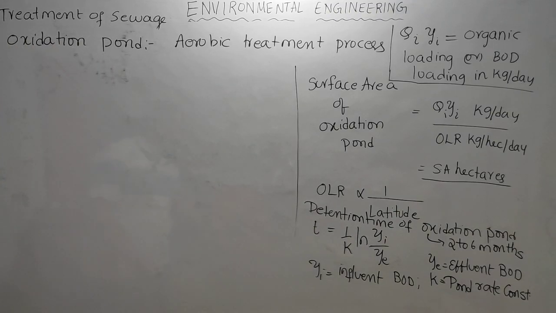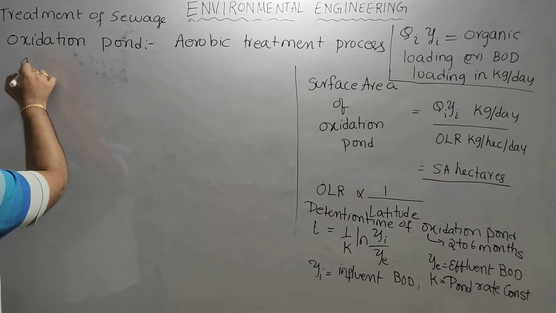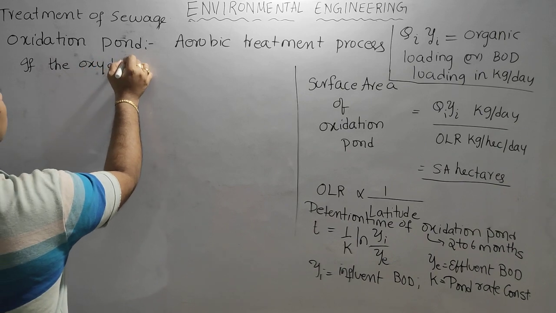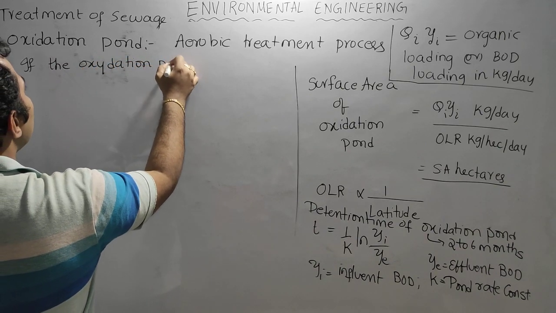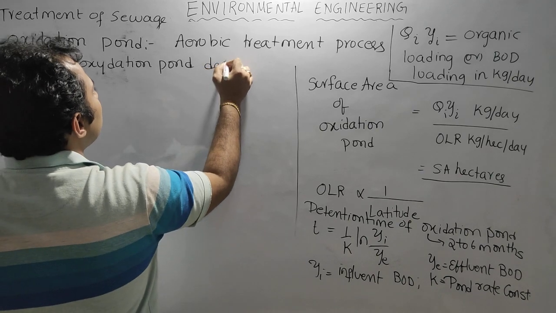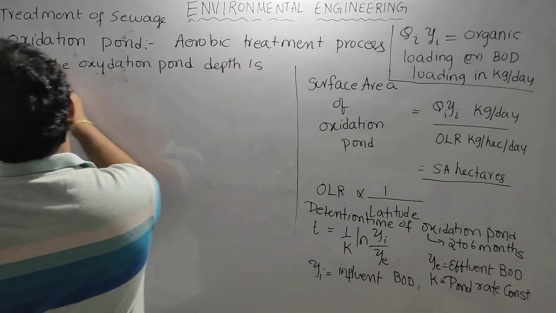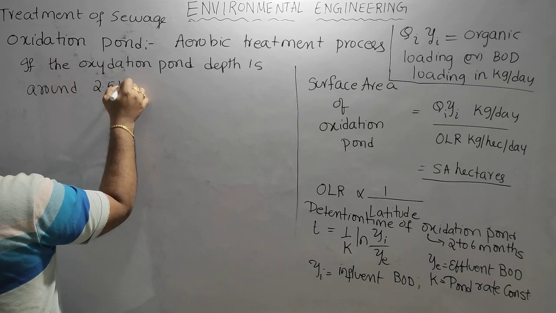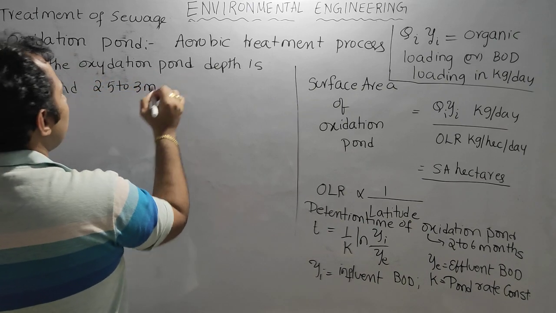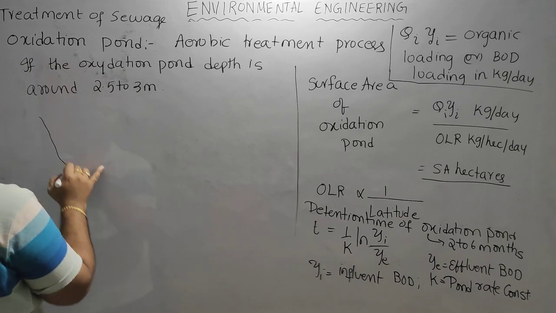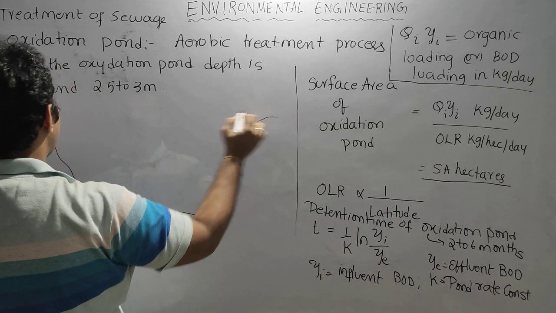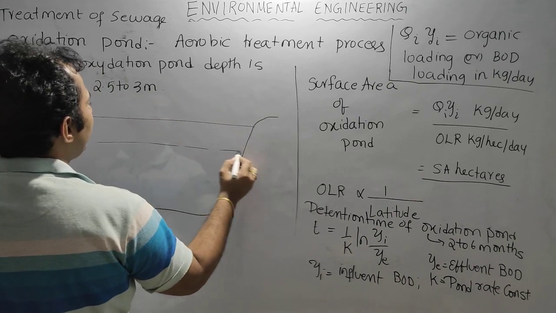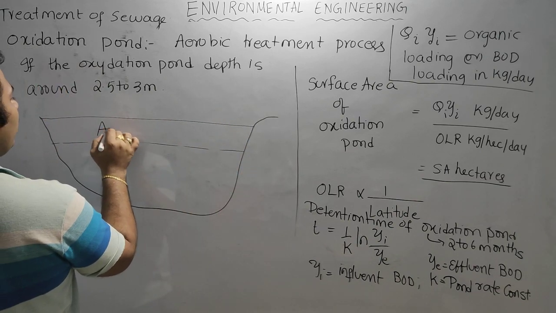So if the oxidation pond depth is around 2.5 to 3 meters, in those kinds of ponds where the depth is very high, the top portion where the sunlight can penetrate will be under aerobic condition.